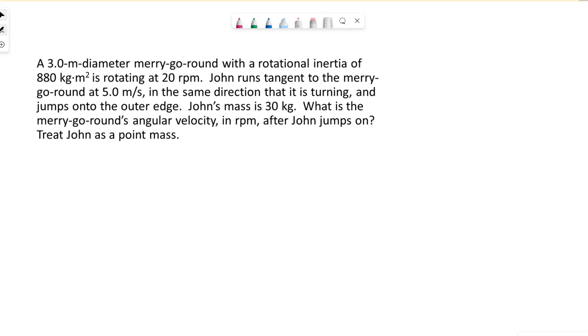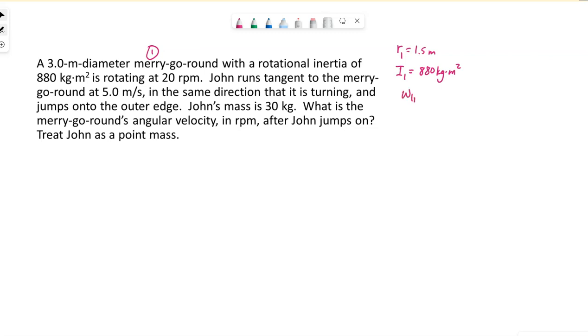All right, so I'm going to make the merry-go-round object 1. This is a collision. John was not on the merry-go-round, he jumps on, so this would fall in the category of a collision. We can say the radius of object 1, the merry-go-round, is 1.5 meters. The rotational inertia is 880 kilogram meters squared.